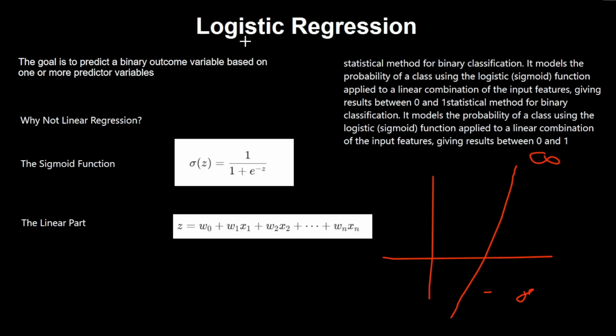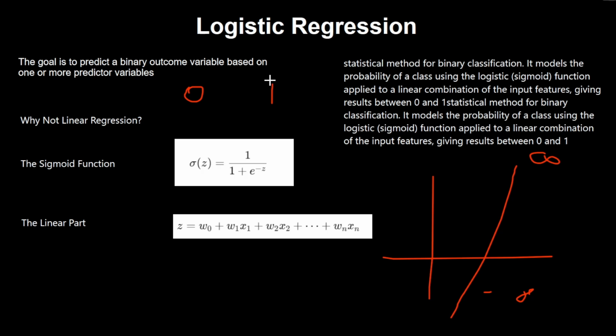The input features or the predictor variables can be anything. If we decide whether a person has a disease or not, let's represent it as 0 or 1. So this is a binary outcome. The input features can be anything like the pH of the blood, or the presence of microorganisms in the blood, and so on.